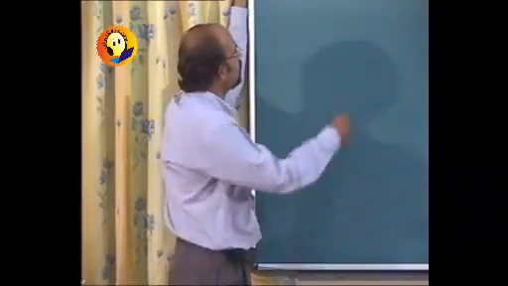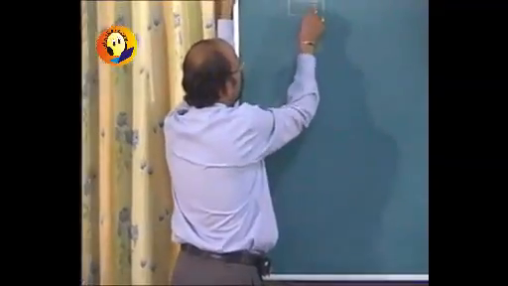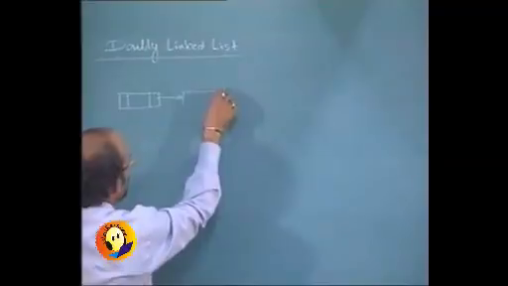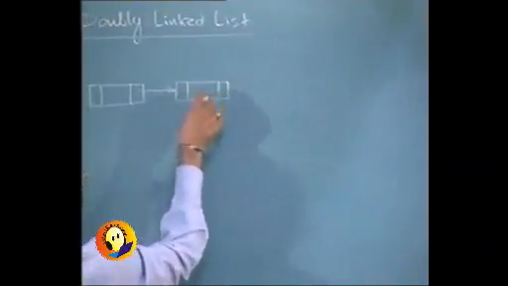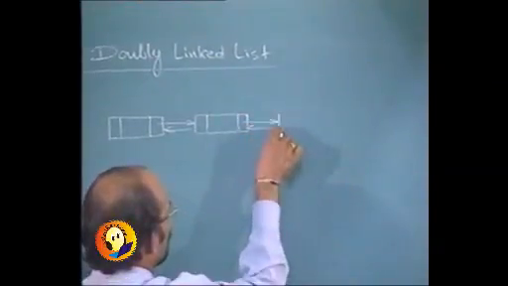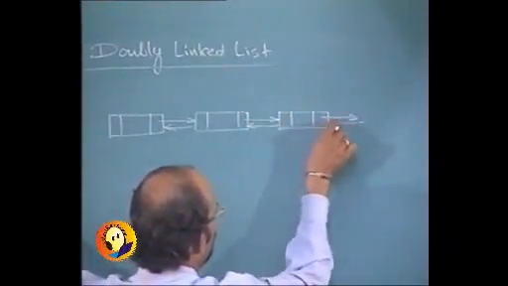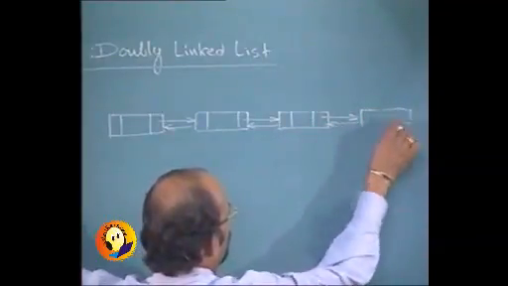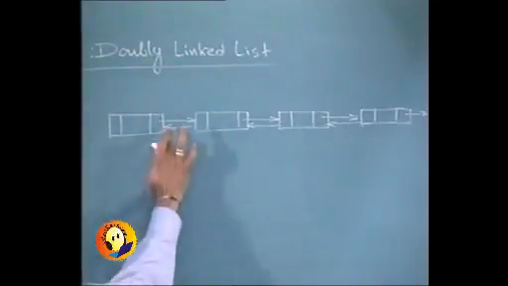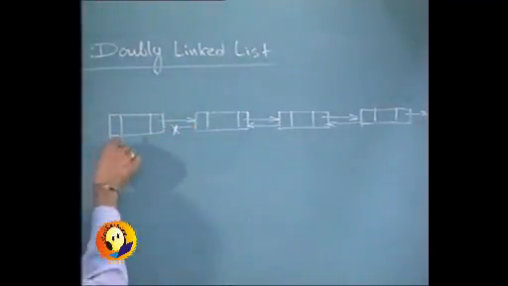And in that case, the picture will appear like this, that every node will have a pointer pointing to the next node as well as the previous node. And of course, this being the first node, this should be null. This is my header.